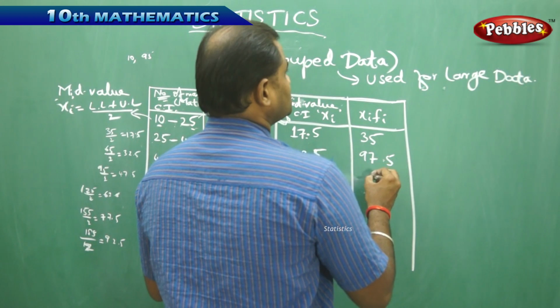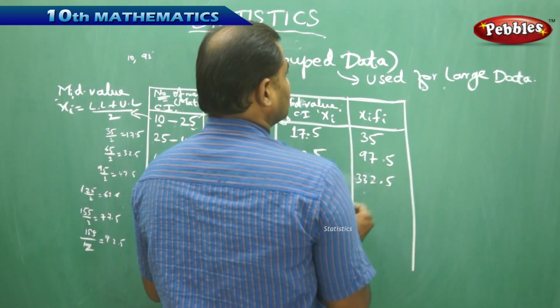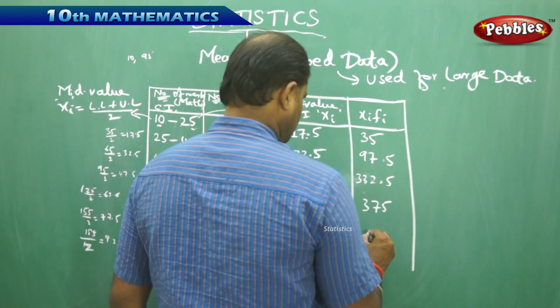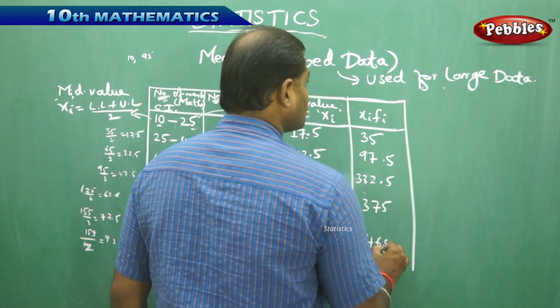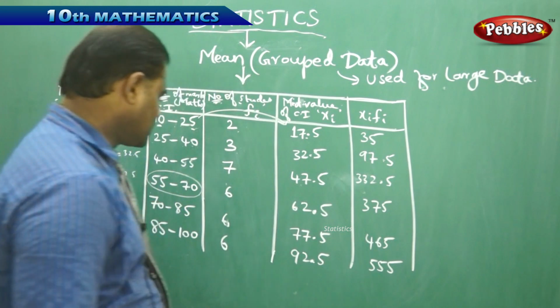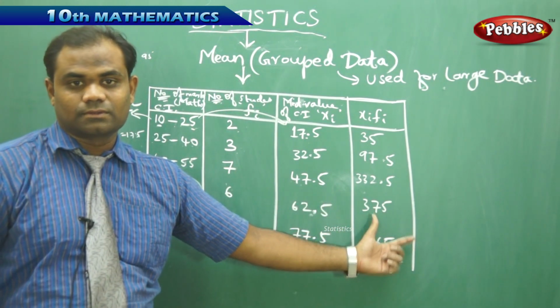Similarly, 7 times this is 332.5, and then 375, 465, and 555 is what I get when I multiply for the respective rows.